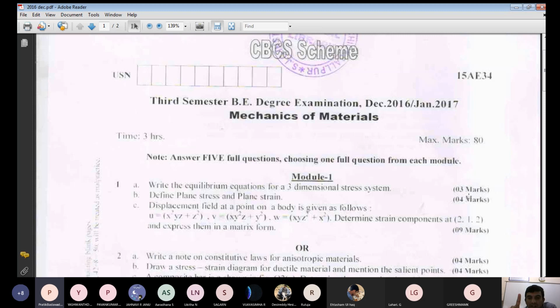So dou by dou x into sigma x plus dou by dou y into tau xy plus dou by dou z into tau xz plus fx is equal to 0. That's the first equation. Similarly for the second and third, write only the 3 equations and you get 3 marks. Don't go for derivation here.